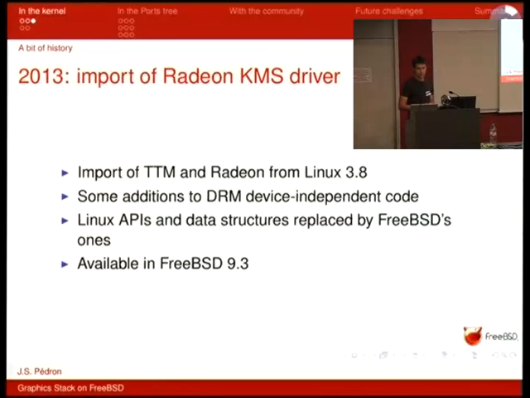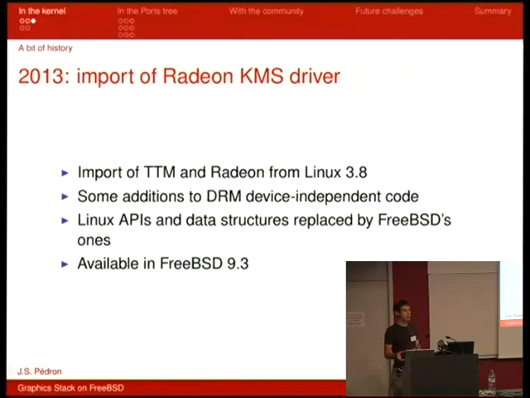The next year, I wanted to help with the Radeon driver because I was using a barely working HD5000 card, and nobody was working on the driver at the time. Konstantin ported the TTM component in 15 days, and I ported the Radeon driver, and both come from Linux 3.8.